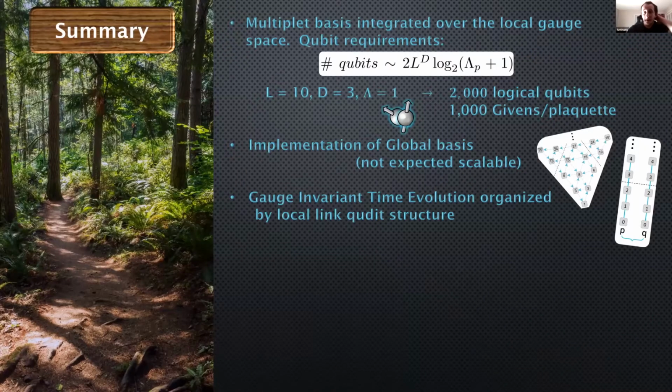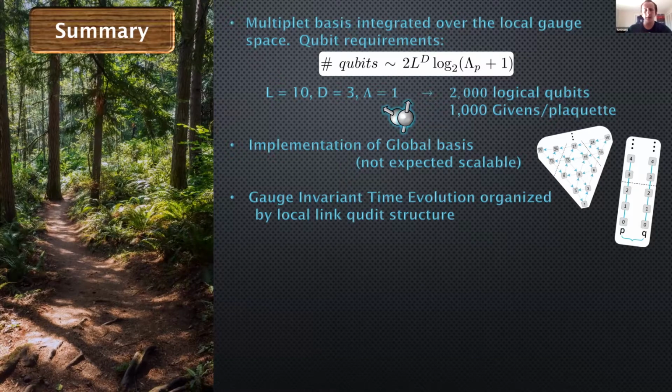So to summarize this talk, we looked at simulating lattice gauge theory by mapping qubits to each link in the lattice. The number of qubits required to do this scales linearly with the size of the lattice and logarithmically with the field cutoff.